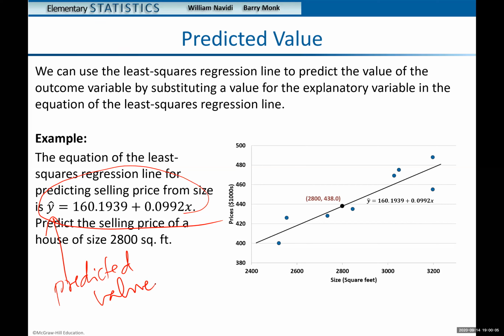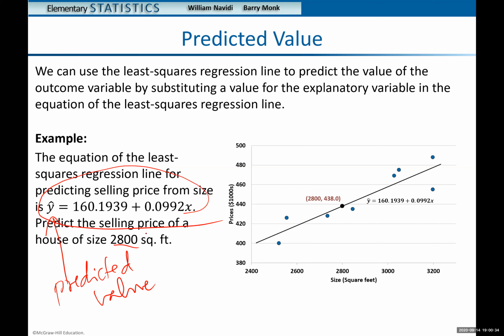We can use the least squares regression line to predict the value of the outcome variable by substituting a value for the explanatory variable in the equation. In this example, the question is: predict the selling price of a house of size 2,800.